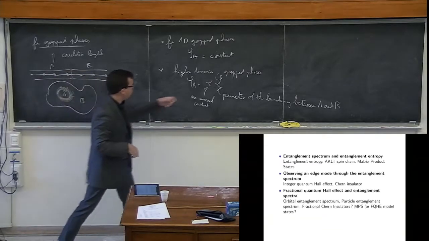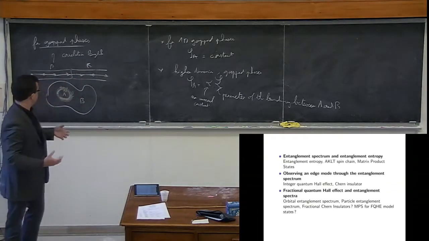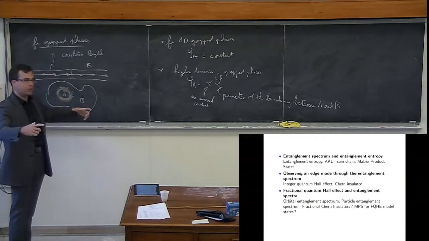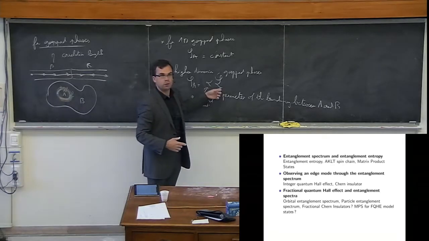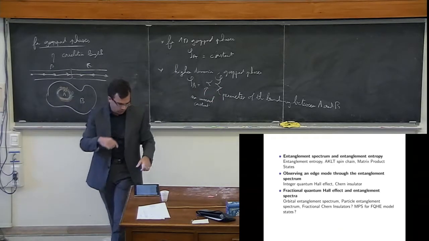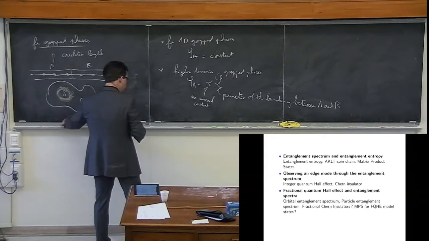So of course, the coefficient here, alpha, will depend on the correlation length. But if you increase the size of A, you will just increase linearly with the perimeter. So this is called the area law.